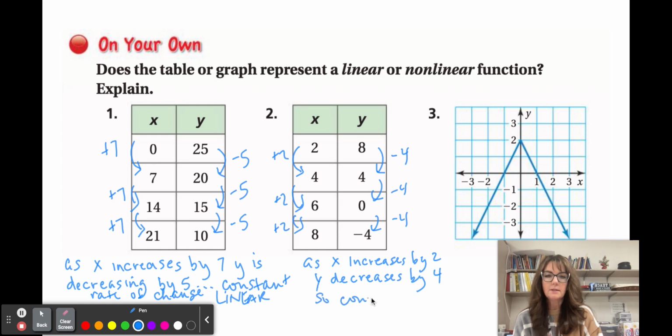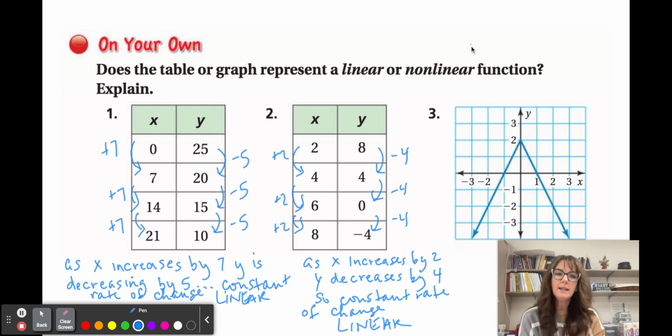So constant rate of change. And again, linear. Looking at 3, is this the graph of a line?